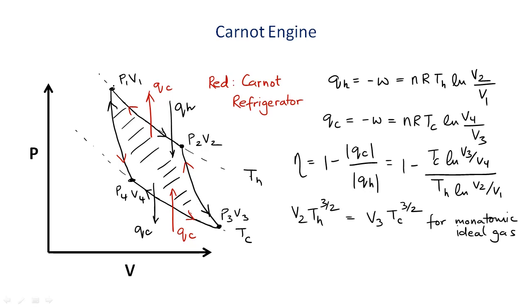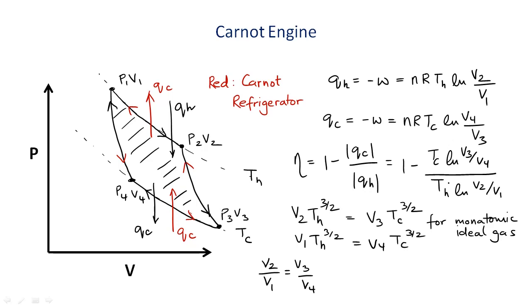Similarly, if we consider these 2 points, P1 V1 TH and P4 V4 TC, we have V1 TH to the power of 3 by 2 is equal to V4 Tc to the power of 3 by 2. Dividing the above equation by the bottom equation, we get V2 by V1 is equal to V3 by V4. That is, the ratio of V2 and V1 is the same as the ratio of V3 and V4.